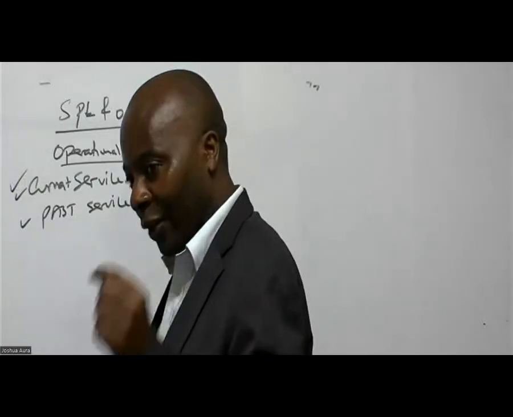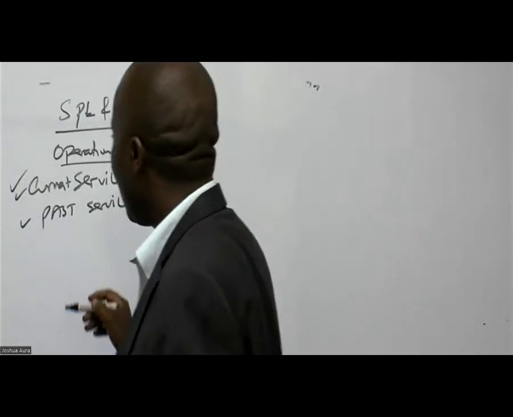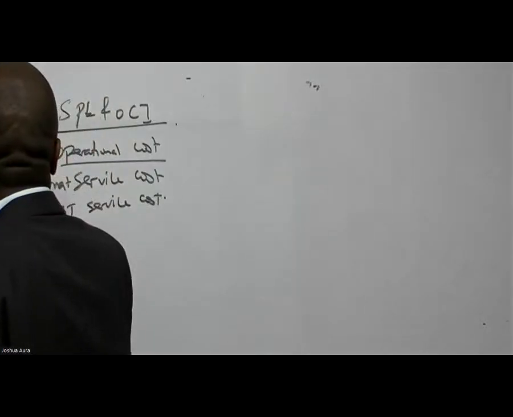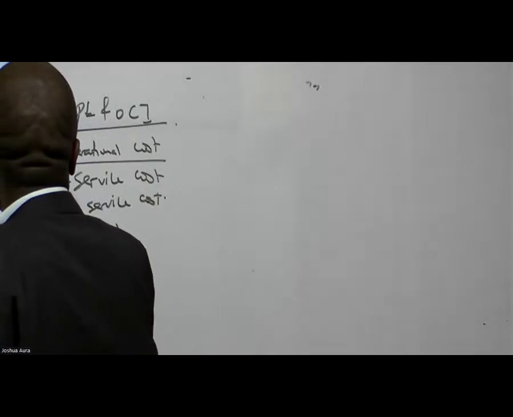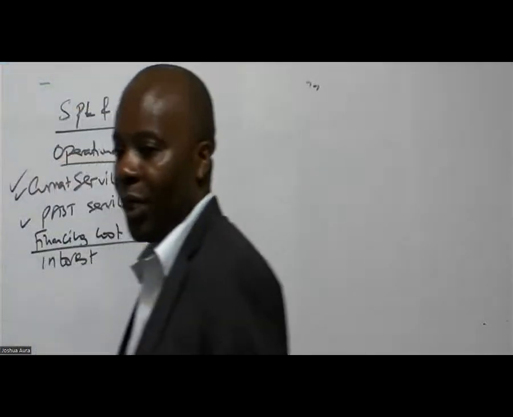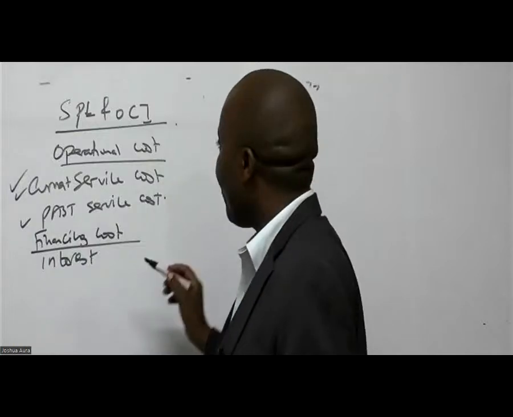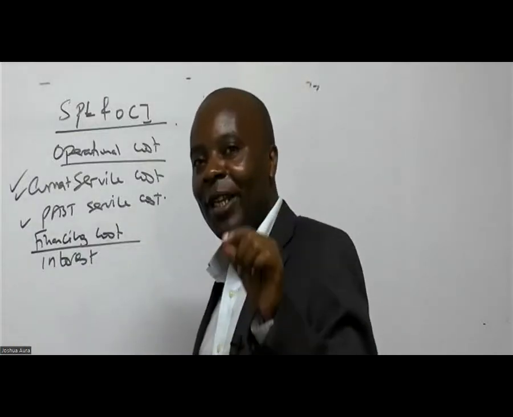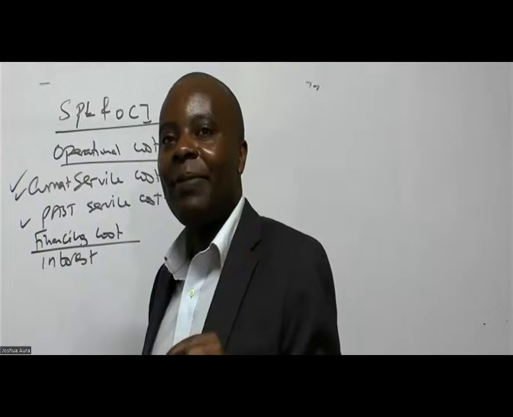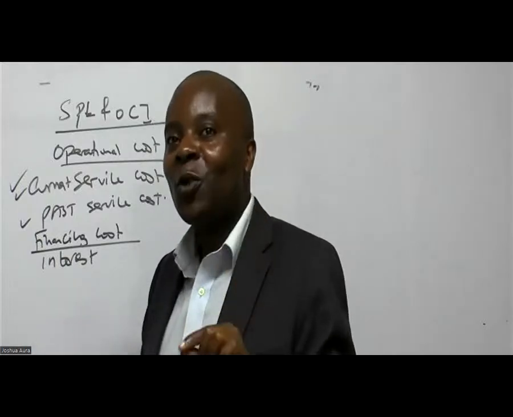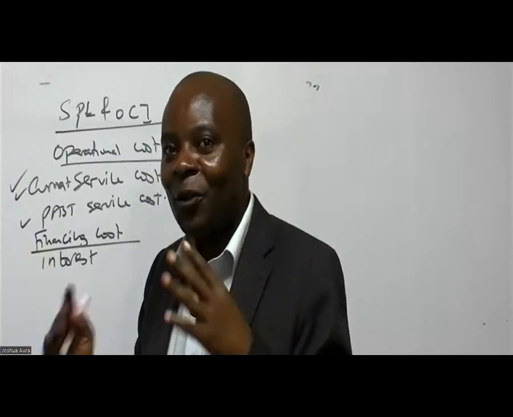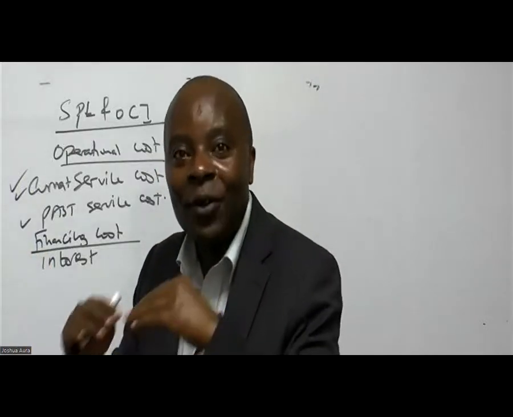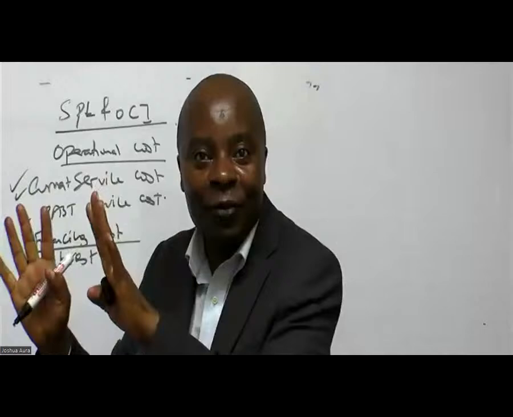And then now you go to the financing cost. So we have the financing cost. The financing cost, you must come and give us the interest. Now remember here, for the benefit scheme, ladies and gentlemen, a pension plan is very independent. A pension plan can even be a different registered company, like how you see for KCB.